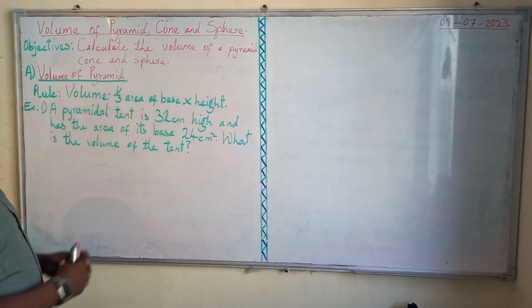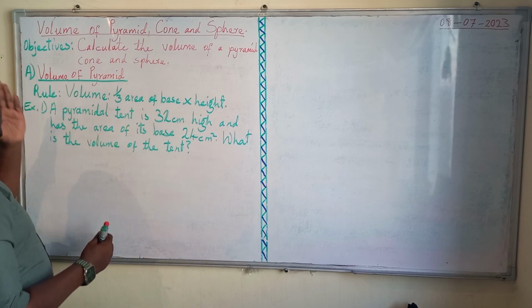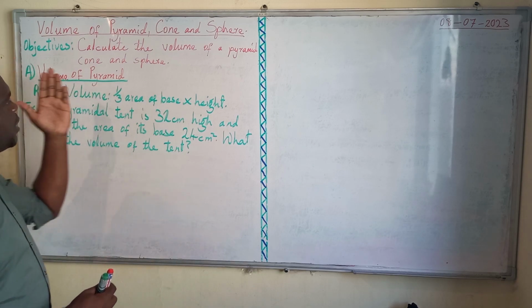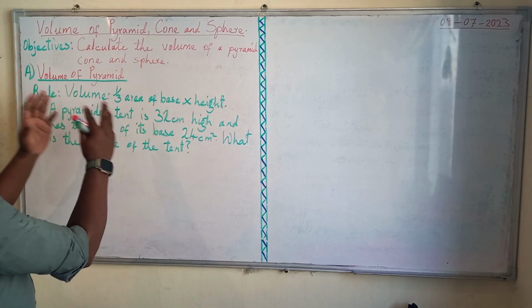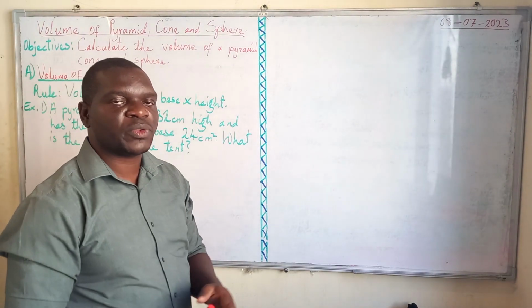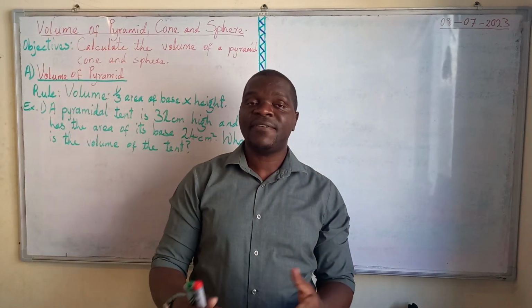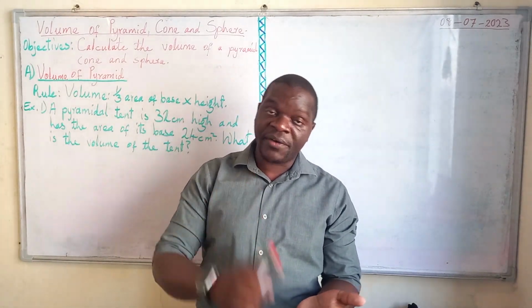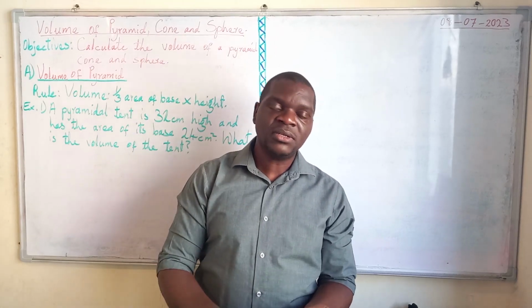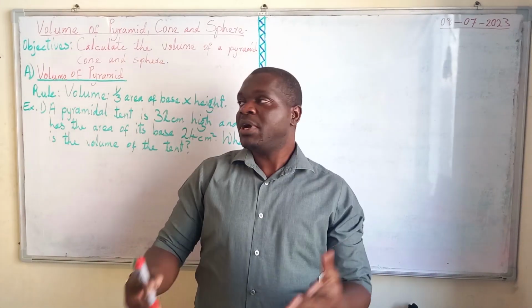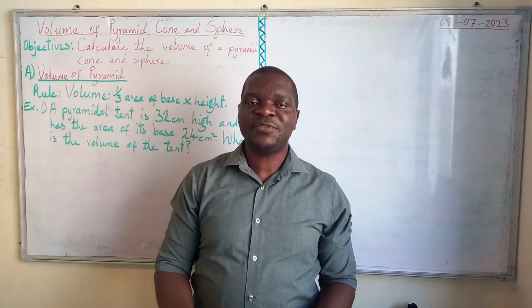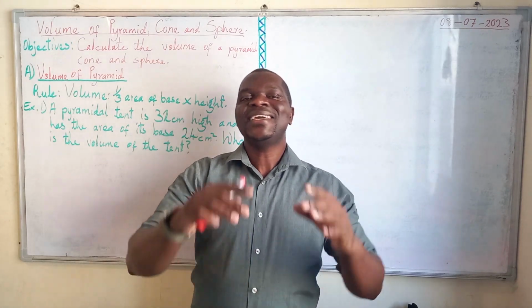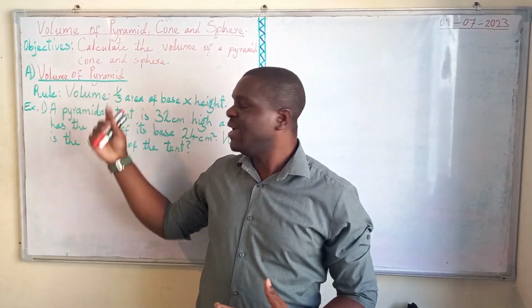The first shape we are going to look at here is the pyramid, volume of a pyramid. Now with pyramids, we have to know that first of all, we can have a pyramid with a base in the form of a square, a rectangle, a triangle, and many other shapes. But our concern for today is to find the volume of a pyramid.